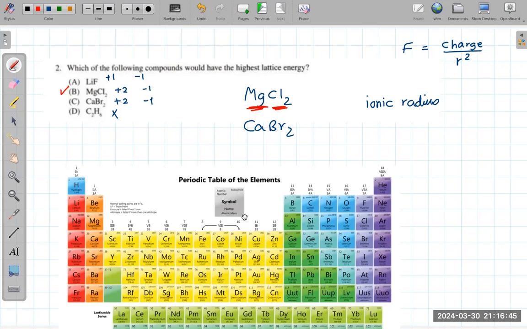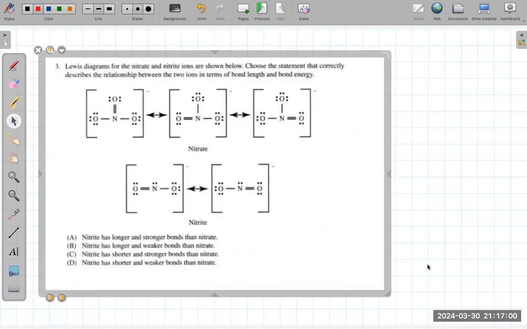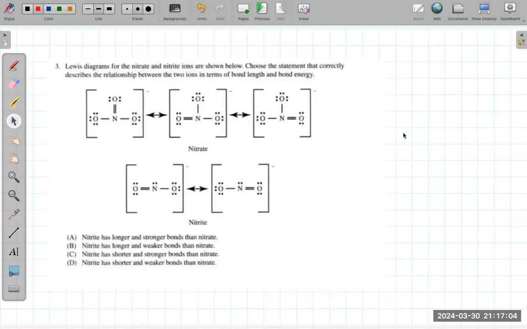He is drawing here Lewis diagrams for the nitrate. Oh, this is a full question. And nitrite, this is question number 3. So we have nitrate and nitrite ions. Choose the statement that correctly describes the relationship between the two ions in terms of bond length and bond energy.